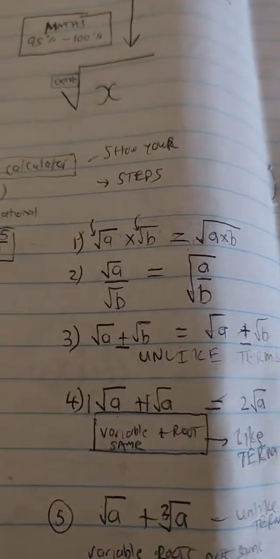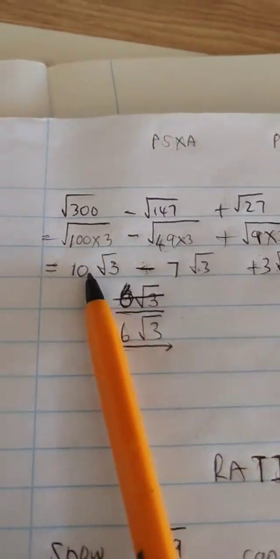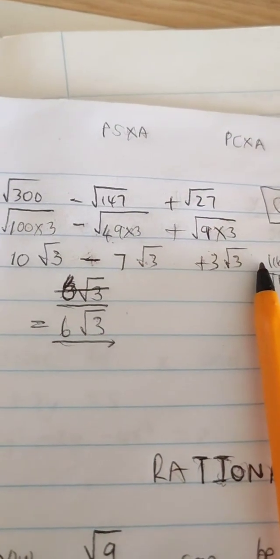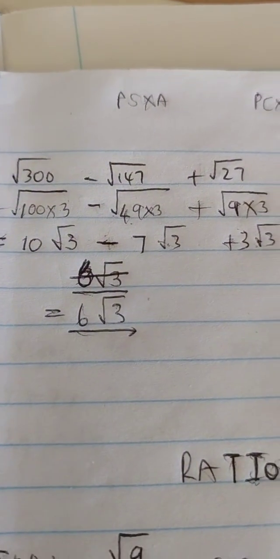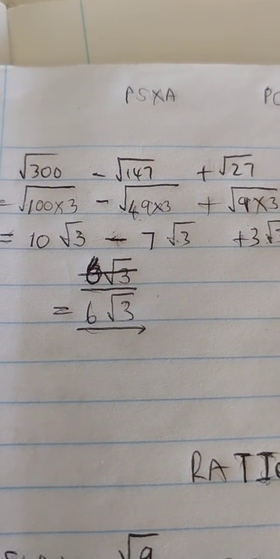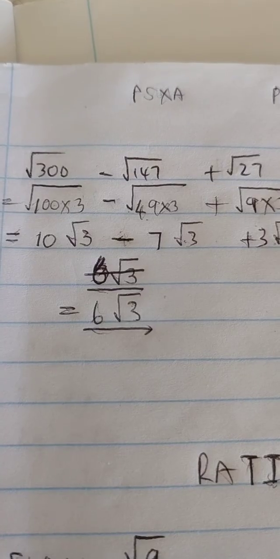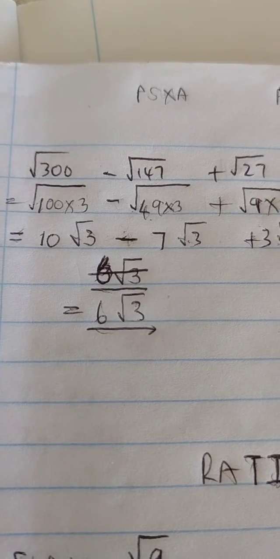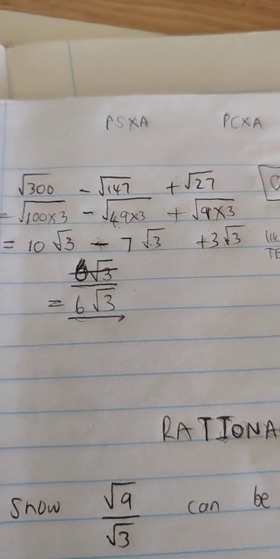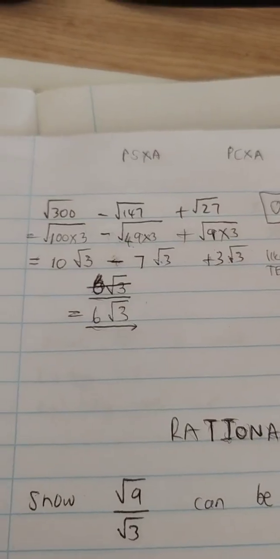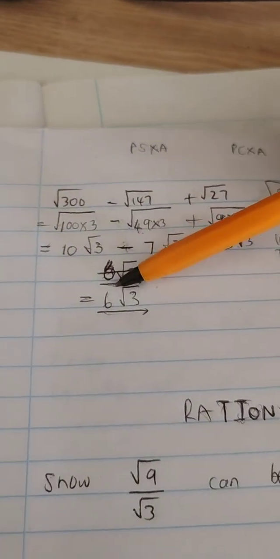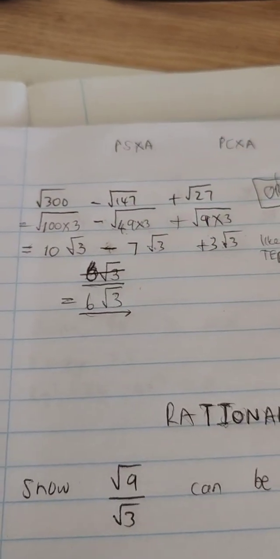We can't add or subtract unlike terms. So in this case, we can add and subtract like terms. I need you to take that in, which is why the answer becomes 6 root 3.